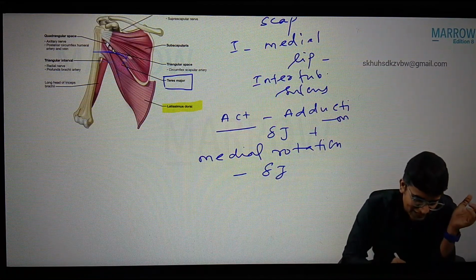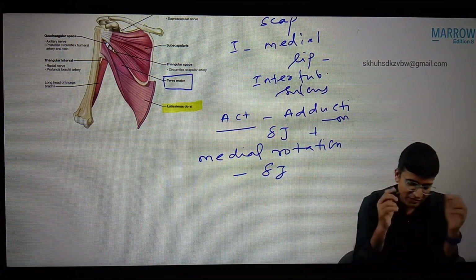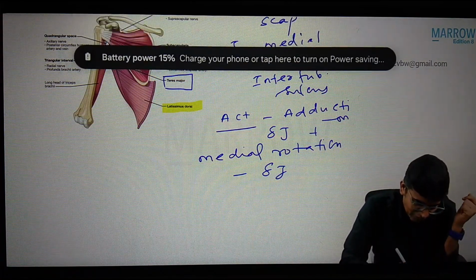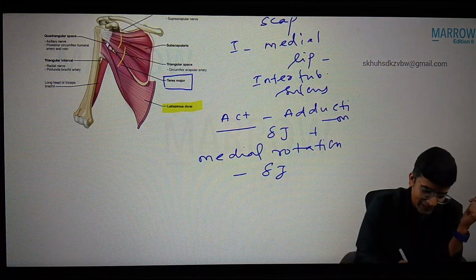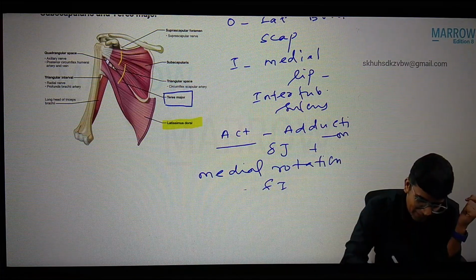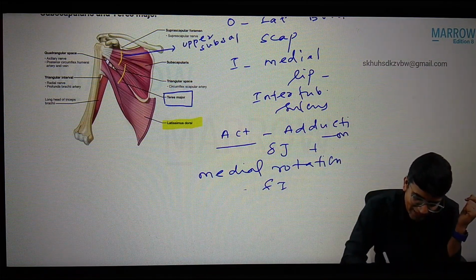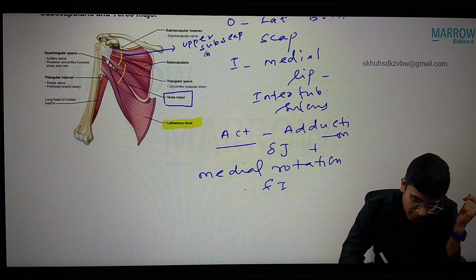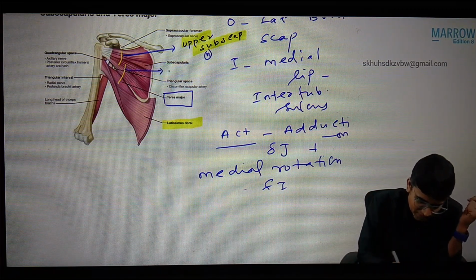One important thing is the nerve supply. For subscapularis, we have two nerves, the upper subscapular nerve and the lower subscapular nerve. That is our upper subscapular nerve, and this is our lower subscapular nerve.